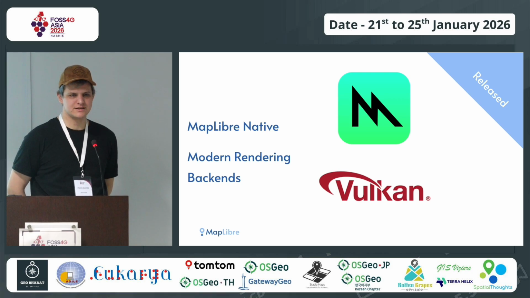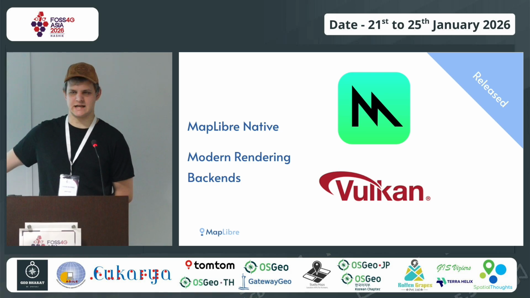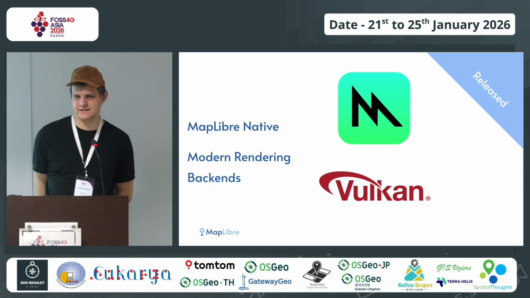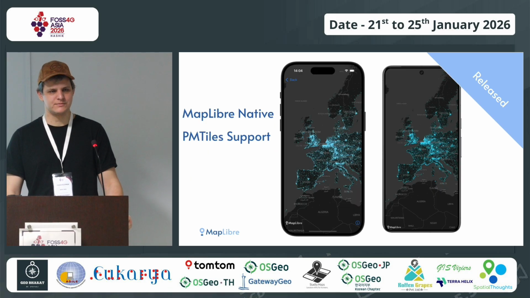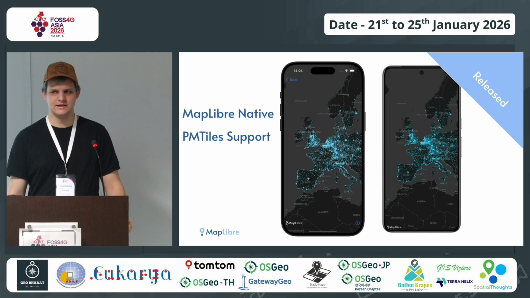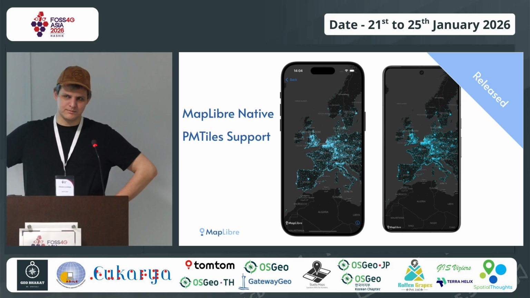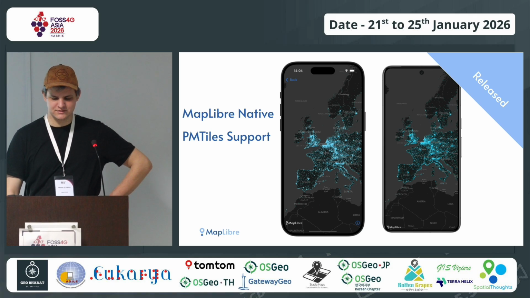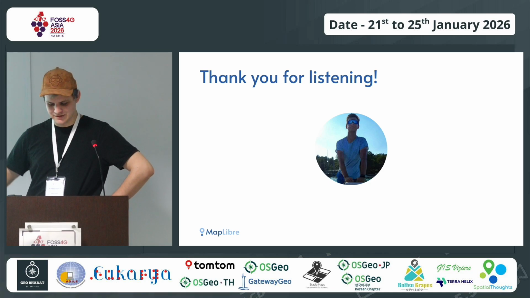We also released the refactorings of the Vulkan and Metal API transitions, which allows us to be much more performant on both Apple devices and Android devices and embedded devices for a number of reasons. And we now also have PMTiles support on the phone, which means that I now don't need a server anymore to run my iPhone app, which is great.